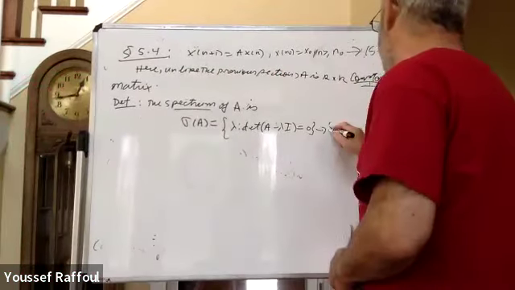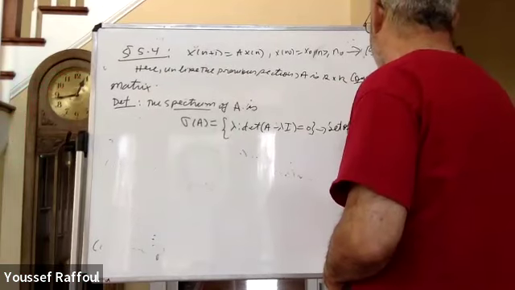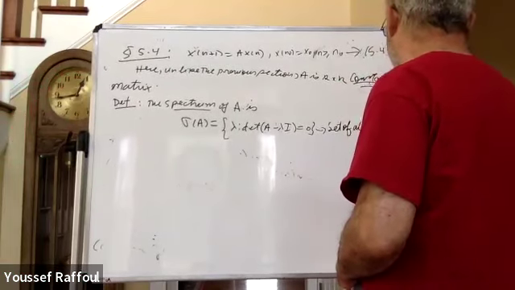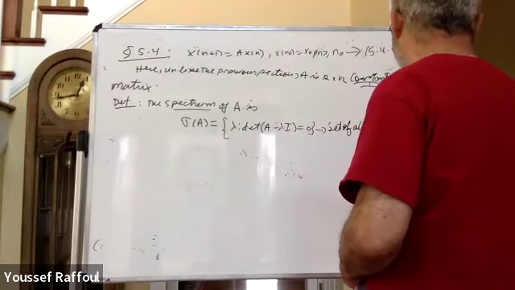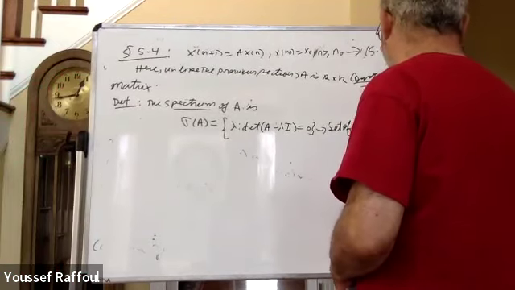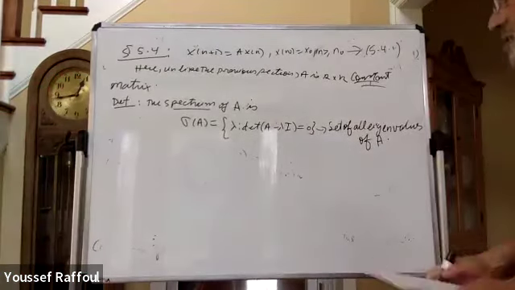So basically, this is the set of all eigenvalues of A. Nothing fancy about it.